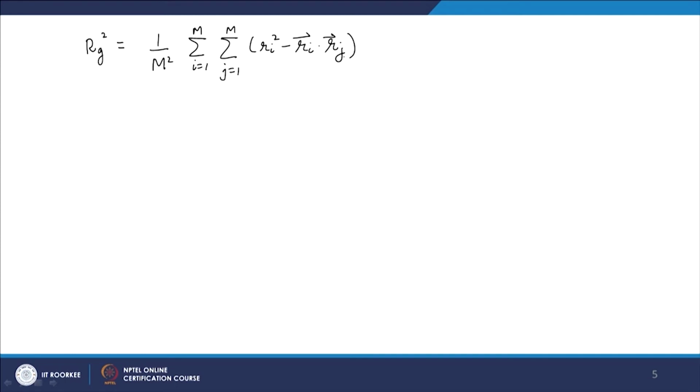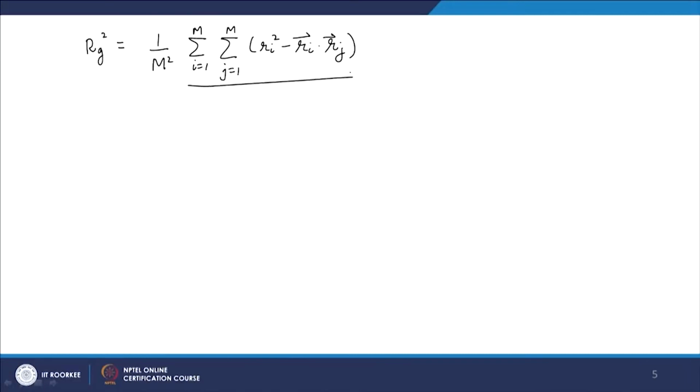We will do this by noting that the i and j can be interchanged. If I change i with j, it does not make any difference, because I am doing a summation for both i and j from 1 to m. So, then I can write this thing into two parts, which will look like a manipulation, but keep in mind that it is simply an arithmetic simplification that we are doing.